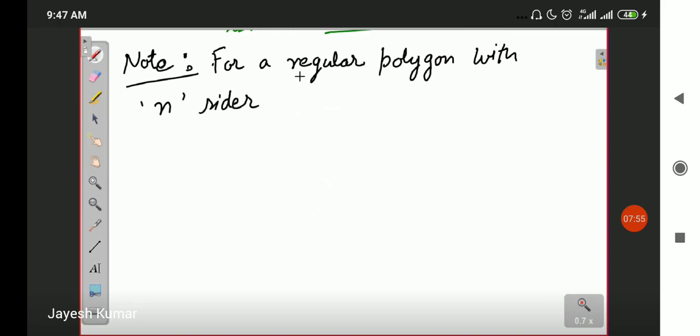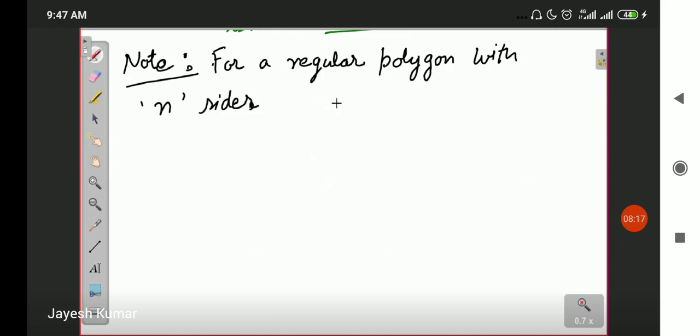Why am I stating regular polygon? By saying regular polygon, I'm stating that all of its sides are equal. That means all of its interior angles will be equal, and by conclusion, all of its exterior angles will also be equal.